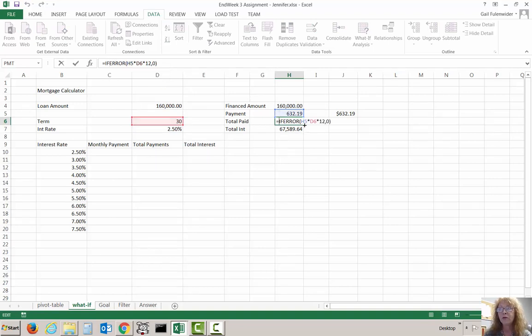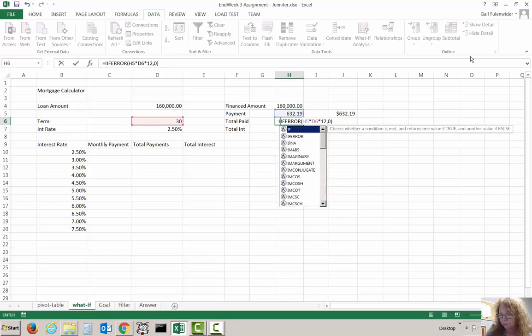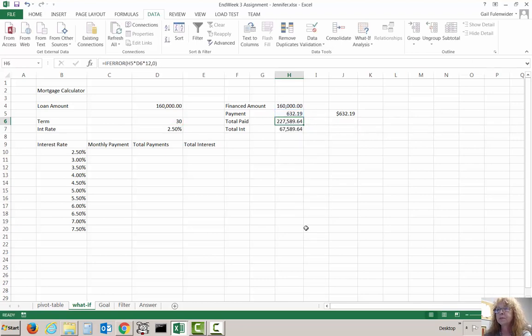My total paid is going to be my H5 multiplied times my D6, my term, times 12. And it really doesn't matter about the D6 or the 12. They could be either position. Okay. And then, of course, total interest is going to be the total paid minus the financed amount.